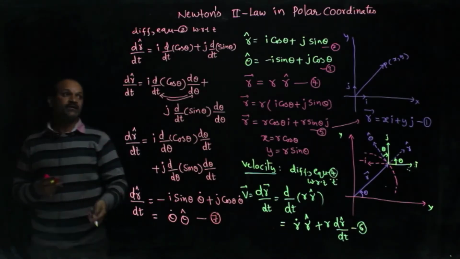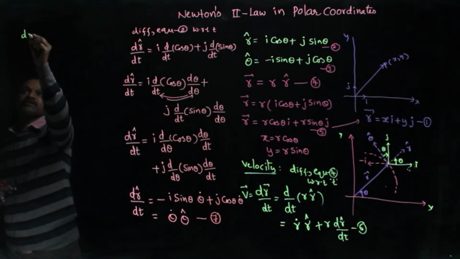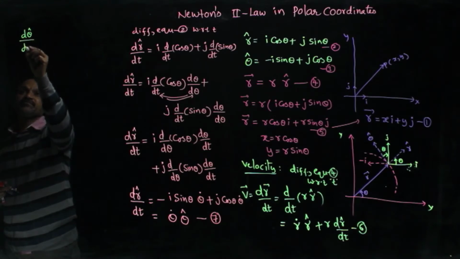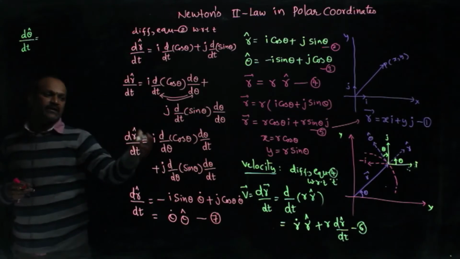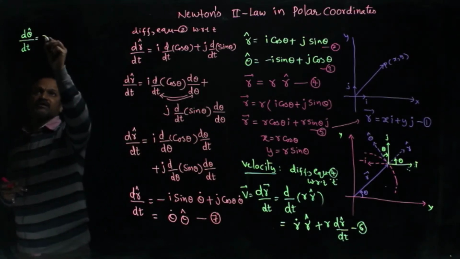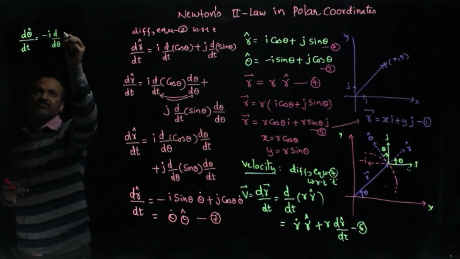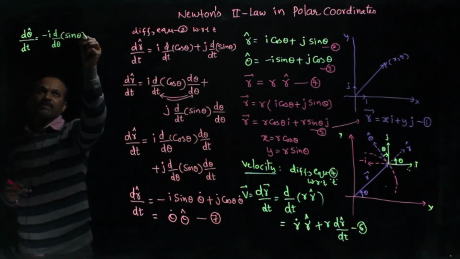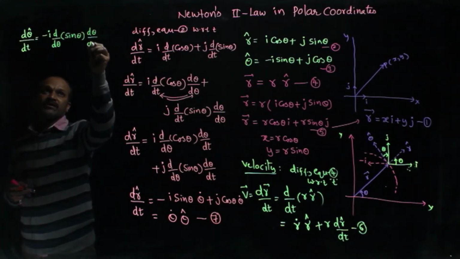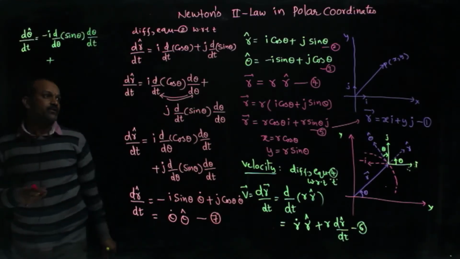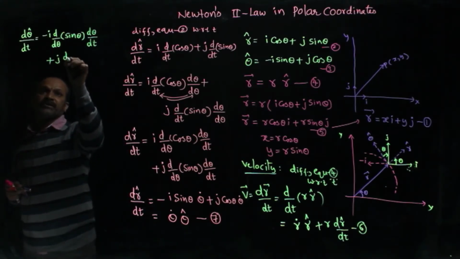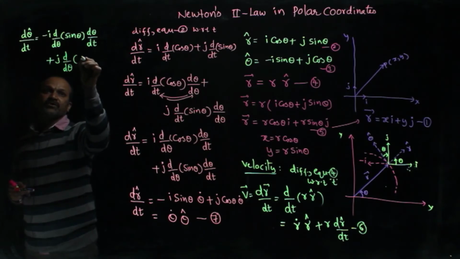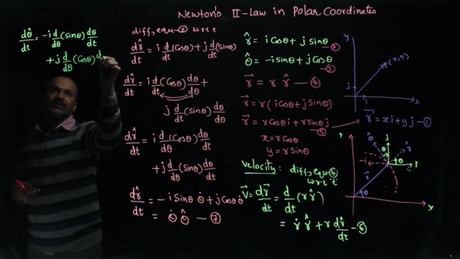Directly I am going for substitution: minus i d by d theta of sin theta into d theta by dt, plus j d by d theta of cos theta into d theta by dt.